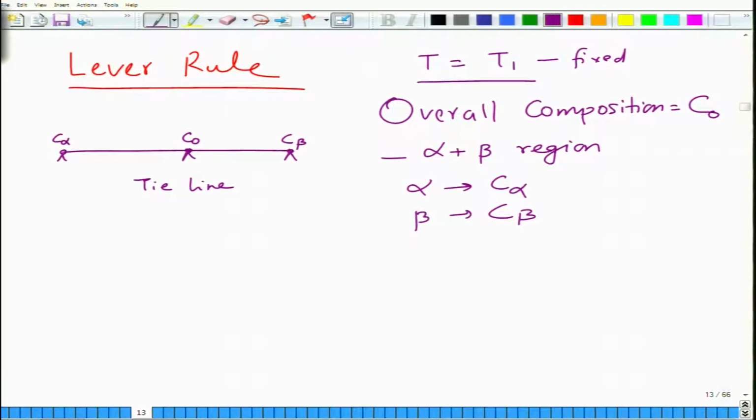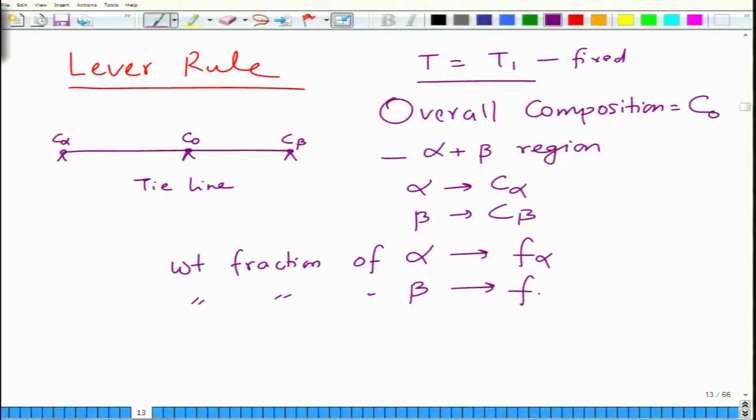So let us say for this overall composition, the weight fraction of alpha is F alpha and the weight fraction of beta is F beta, such that F alpha plus F beta is equal to 1, okay, because the mass is conserved.